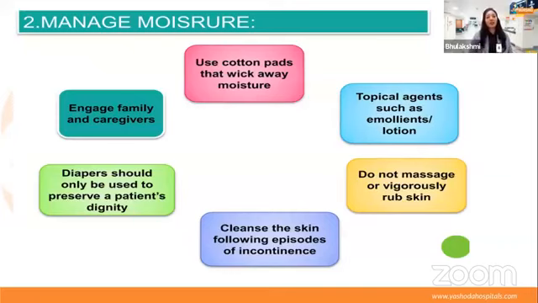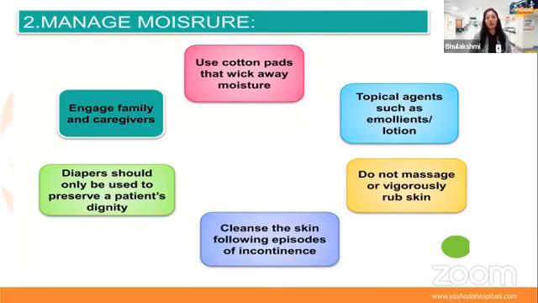So that is all about assessing the risk factors for the patients. The next point is that we have to manage moisture. Suppose the patient is continuously passing urine or motion; then we can use cotton pads that wick away the moisture. We can use topical agents like emollients or lotions so that the skin stays intact.